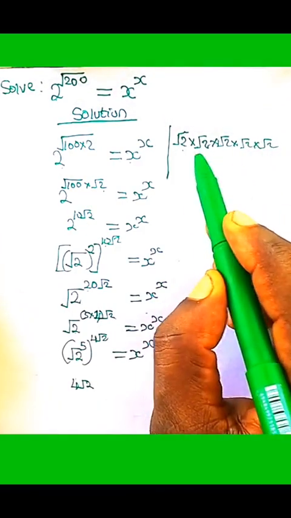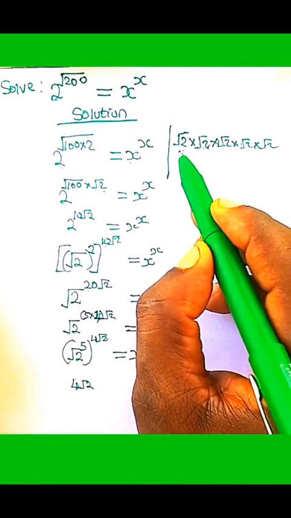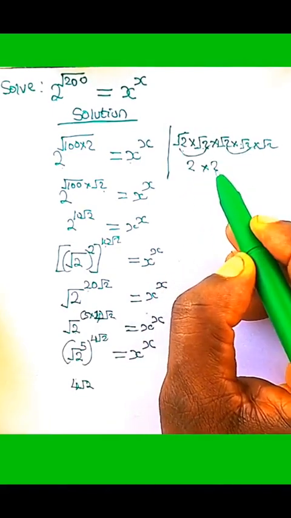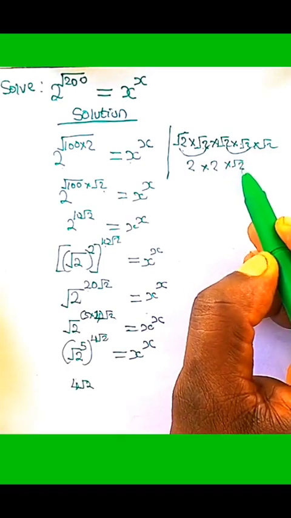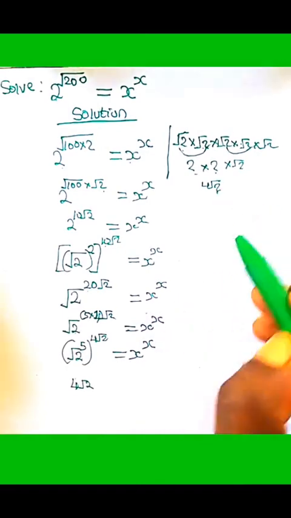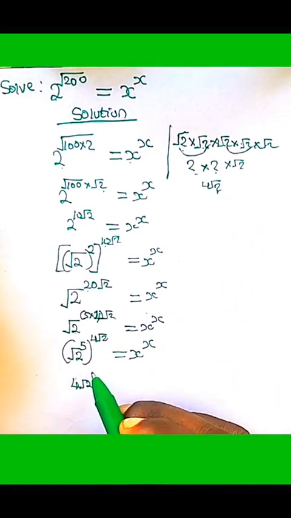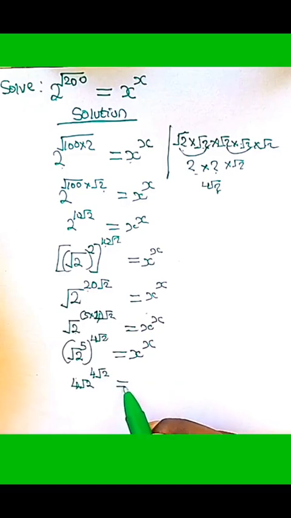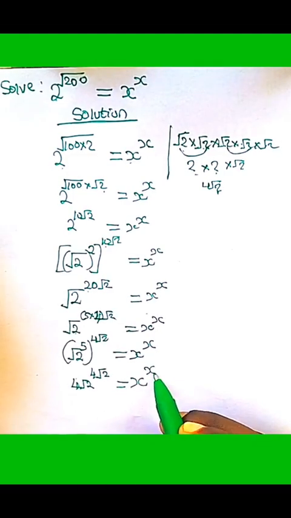How many times? 1, 2, 3, 4, 5. So root 2 times root 2 is 2. Root 2 times root 2 times 2 and times 2. 2 times 2, 4 root 2. And the power here is also 4 root 2. Everything equals x to the power x.